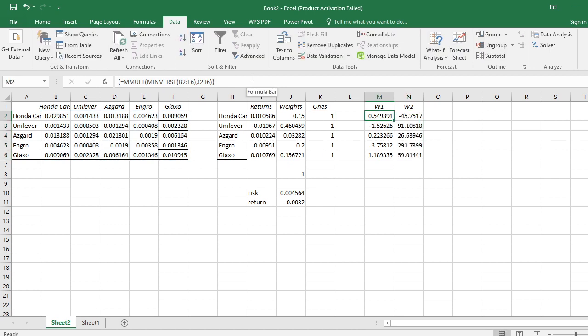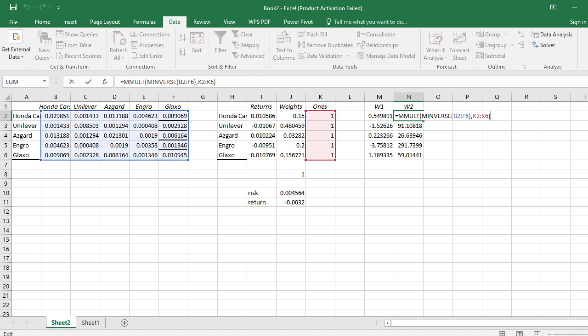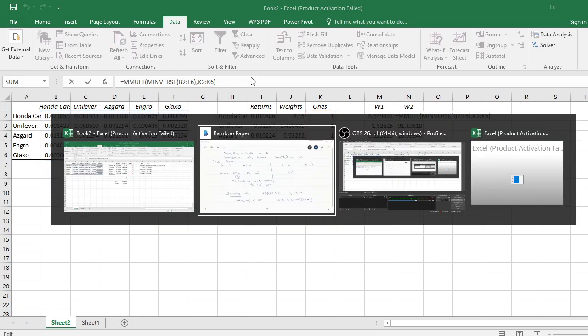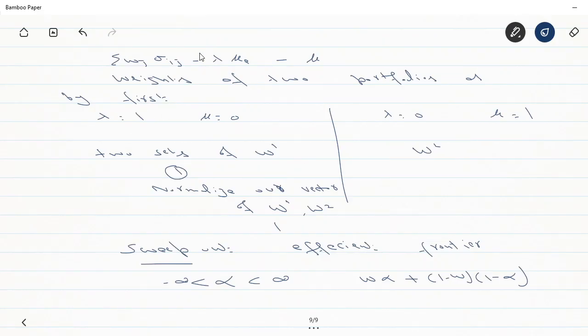Okay, these two equations, M inverse multiplied with R, and M inverse of my variance covariance matrix multiplied with ones, have come up by putting lambda equal to 1, mu equal to 0, and lambda equal to 0, mu equal to 1. I can give you a separate derivation of these things if you want.